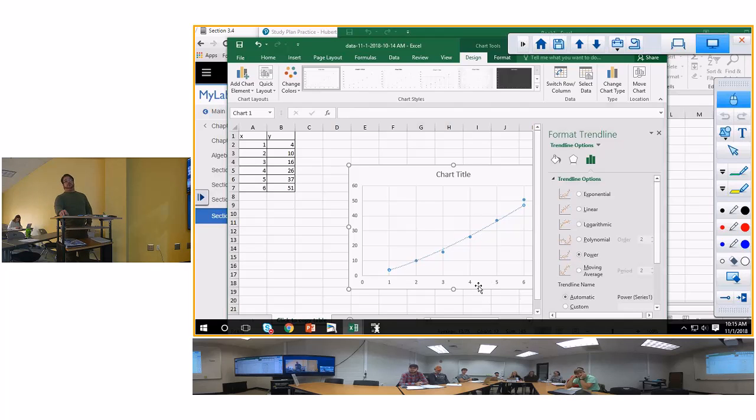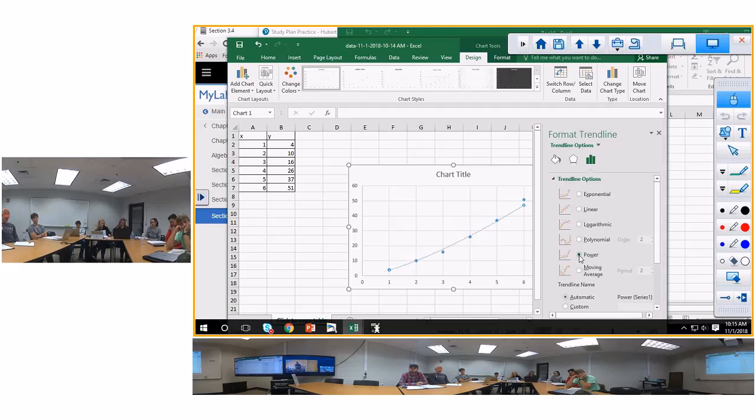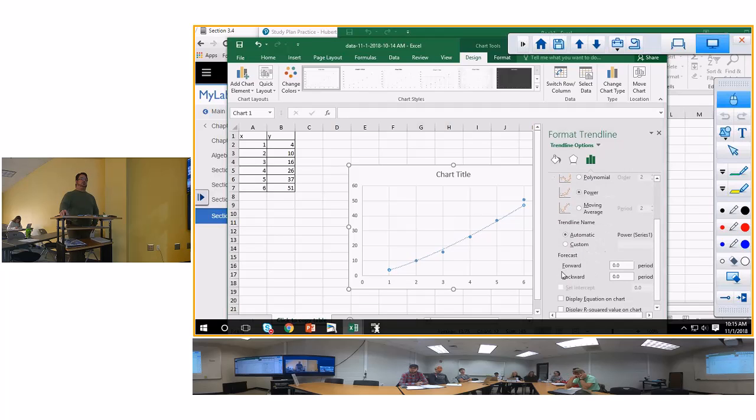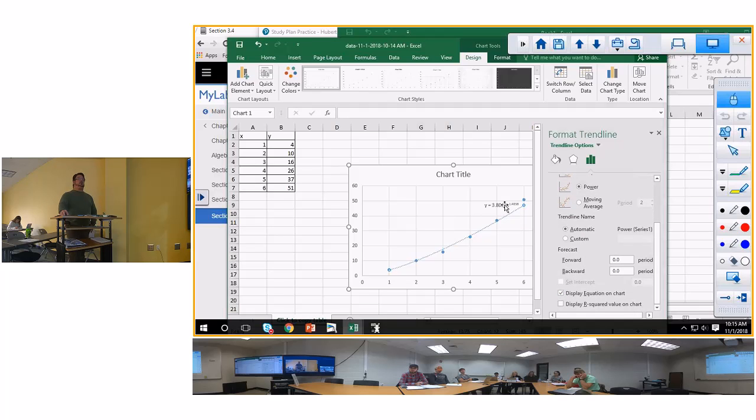And then what else did it ask for, power or linear? Did it say linear or power? Both? I would say power, wouldn't you? Yep. And then go to trend line, display equation, and there is your equation.